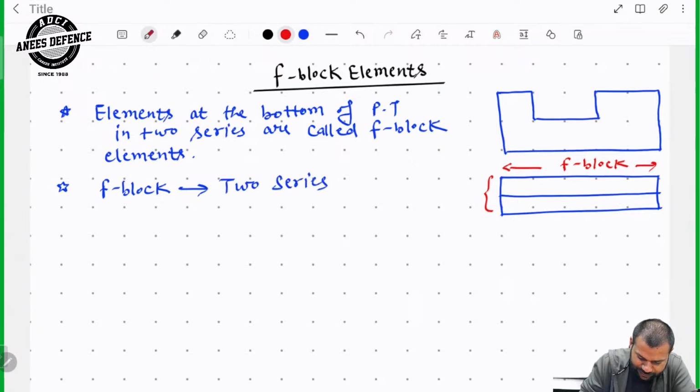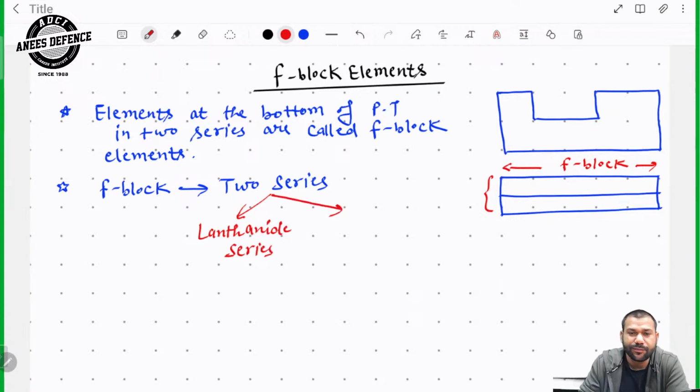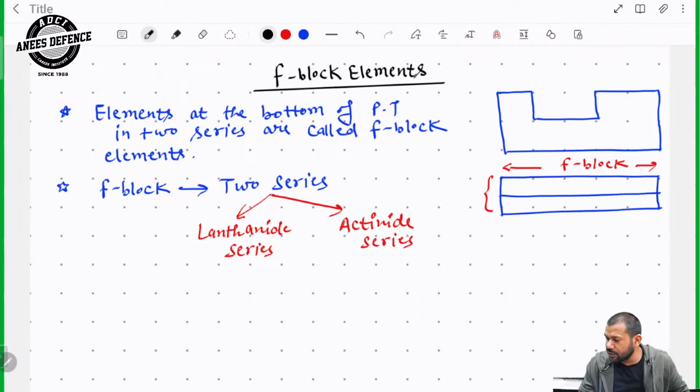One is lanthanide series and another one is actinide series. These are the two series in F block elements.